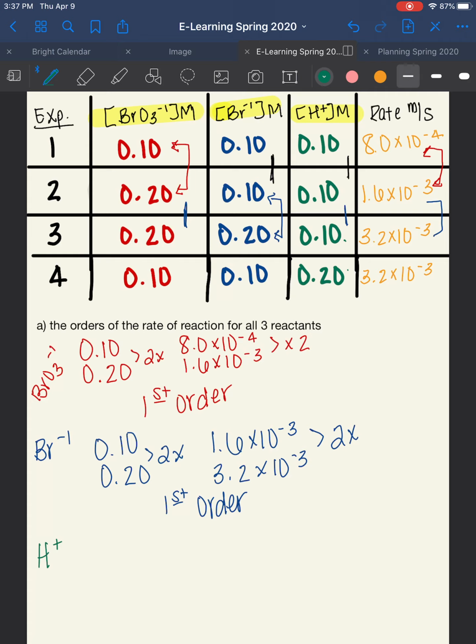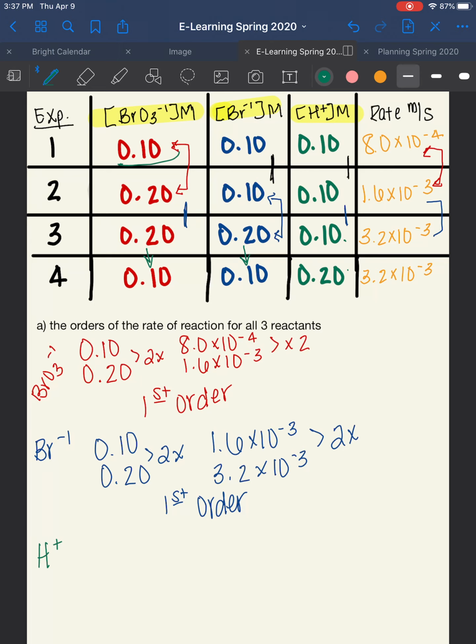However, we cannot do that, because Br negative 1 also changed and BrO3 ion also changed. So we cannot use those two sets of data, because more than one concentration is being changed at a time. So what we're going to be comparing for H plus is experiment 1 to experiment 4.